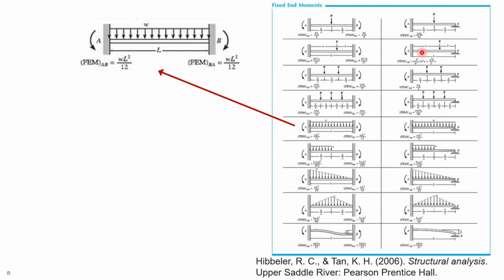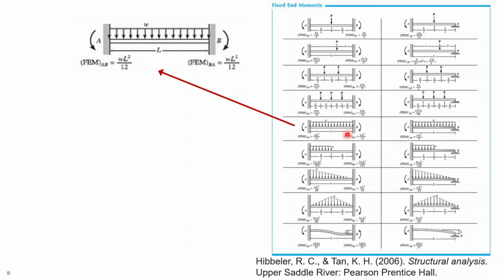And last but not least, you have some formulation for the fixed end moments. If you remember, I told you the last term in the slope deflection equations is the fixed end moment, and if you go through structural analysis books, all of them have a table like this. This is coming from Hibbeler book 2006, which gives you the fixed moment at both ends of the element.